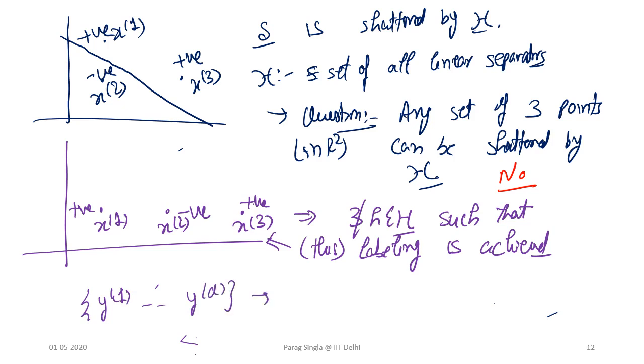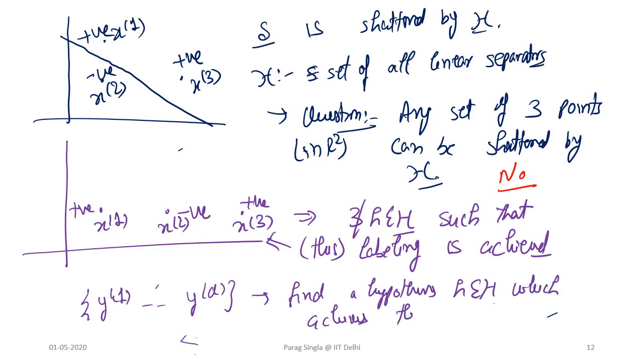And then my job, as someone who is trying to prove that it can be shattered, is to find a hypothesis h belonging to H which achieves this labeling. So there is an adversarial game here.